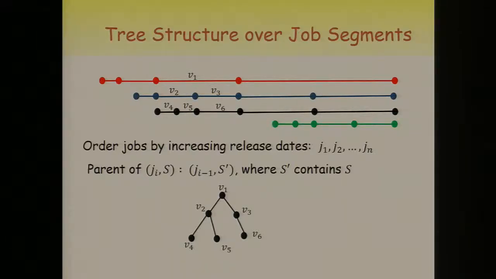Okay, so think of 4 jobs, and these are the segments for these jobs. Then I will make V2 and V3 as children of V1. Okay, so whatever laminar structure I have got here, I can put a tree structure on that. Okay, this just follows from the laminar structure here.